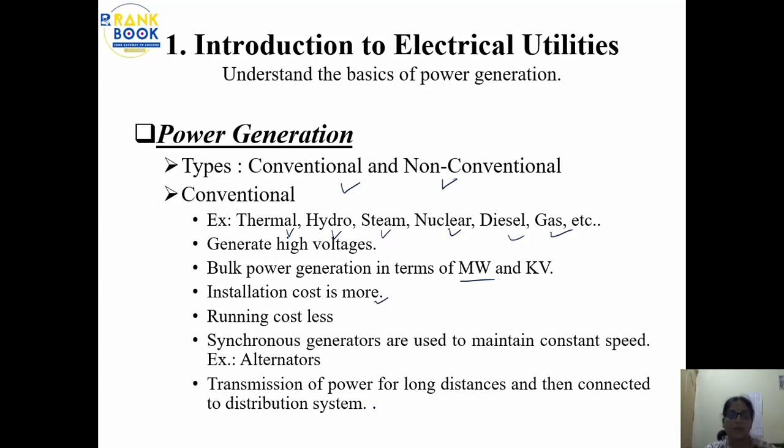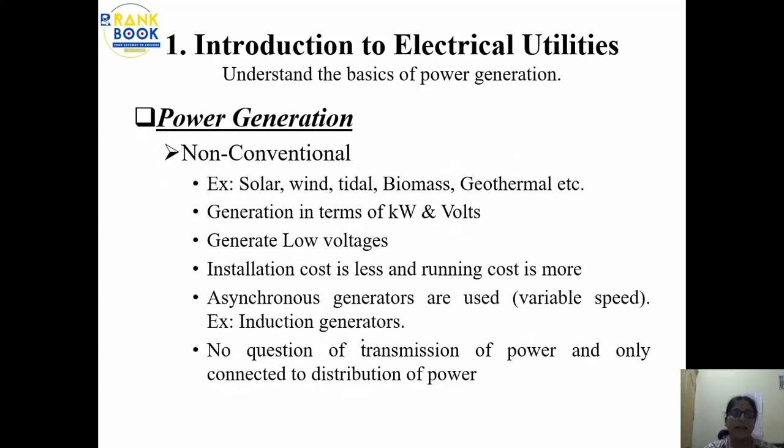And that is then connected to the distribution system. In the case of non-conventional sources, we have examples like solar, wind, tidal, biomass and geothermal, and they generate in terms of kilowatts and volts, that is, low voltages.